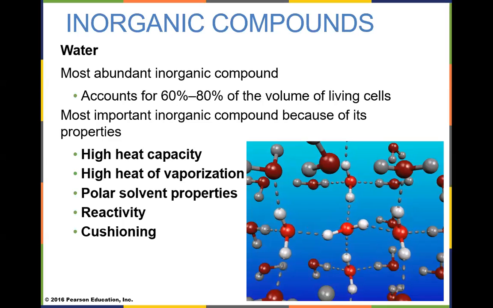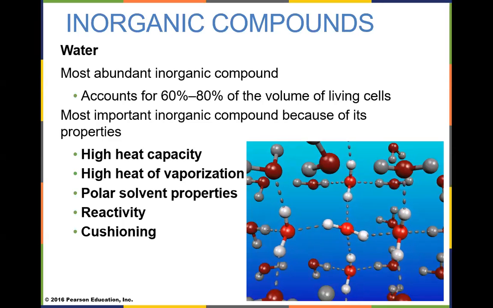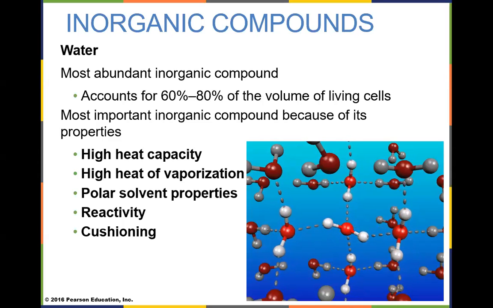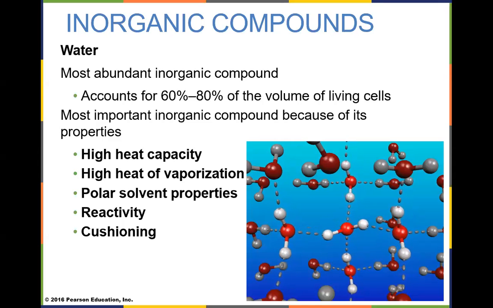We use water for everything, for cooling and for solutions and stuff like that. The properties of water: it has a very high heat capacity. It has a high heat of vaporization. It is a solvent. It can be used for reactions, and it is used in cushioning. What does that mean?